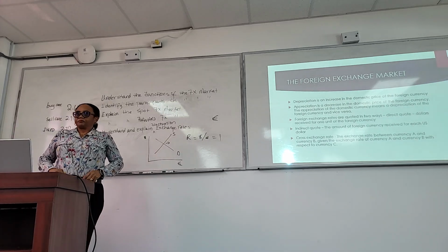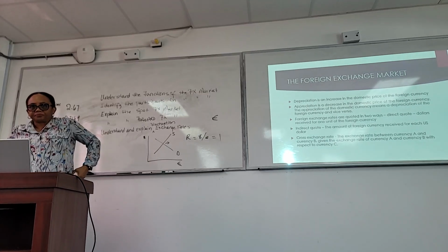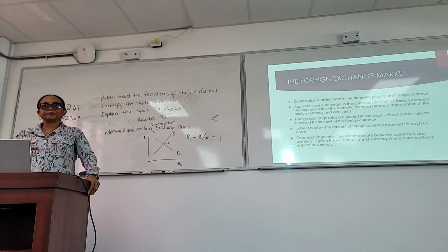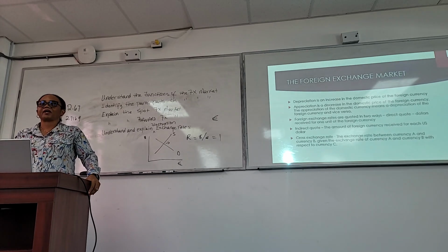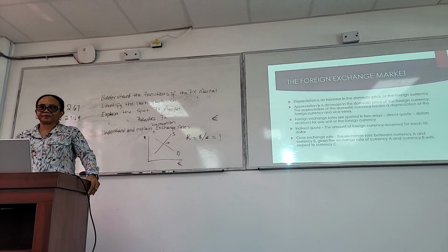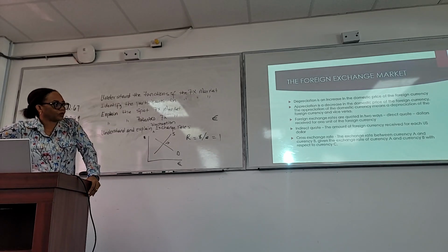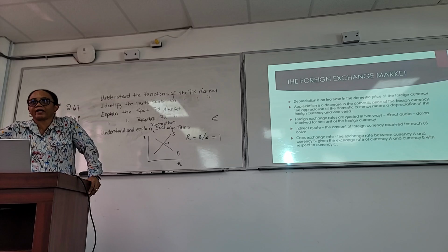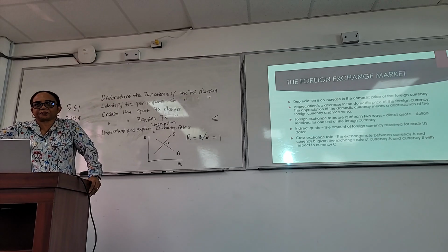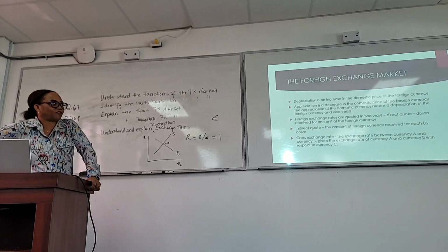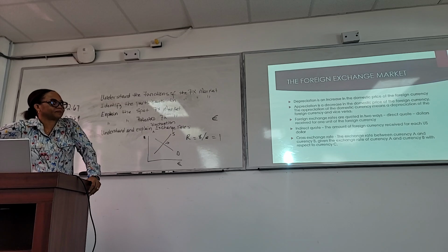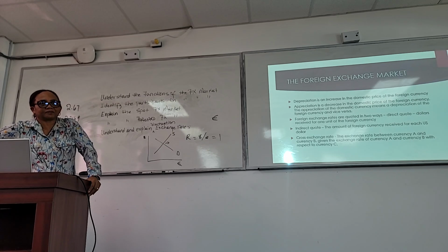Okay. How did you work it out? 1 divided by 2.70. Right. Okay, good. So, how would you write the direct quote for EC to US?